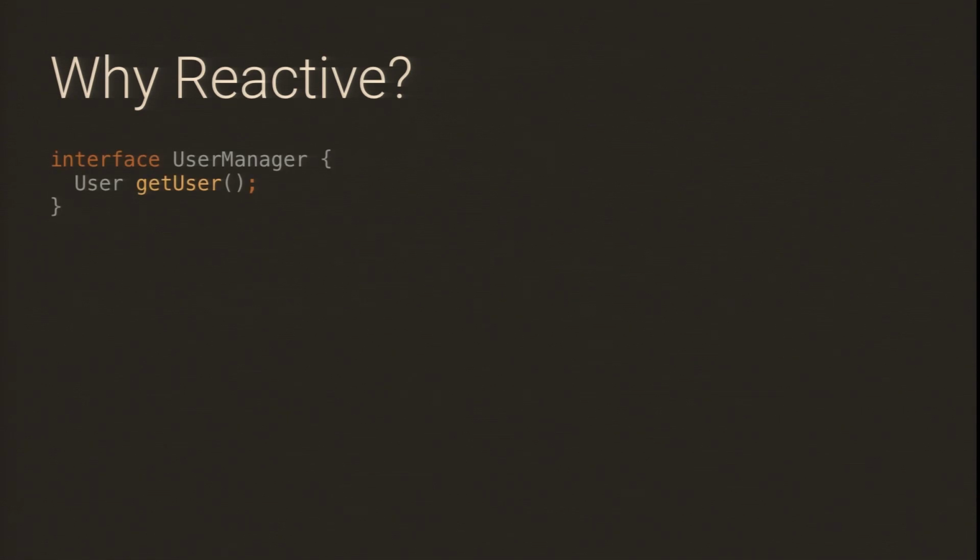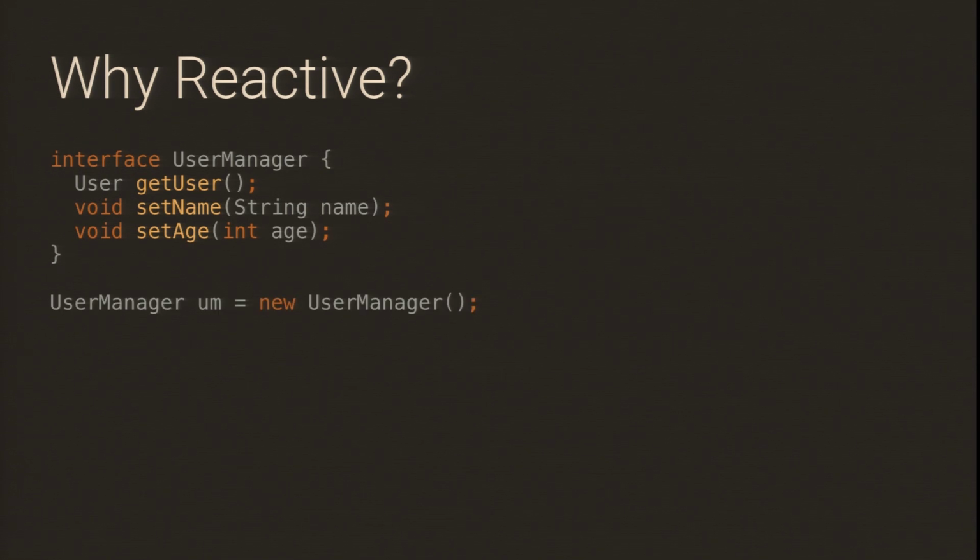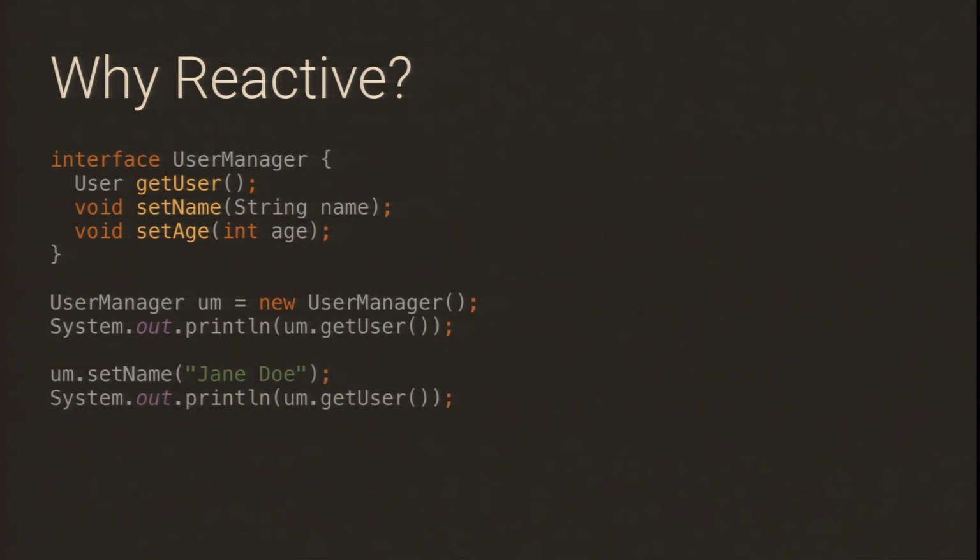And so I'm going to illustrate a little example here to kind of prove this out. So if we have some hypothetical type that's managing users and has mutators that allow us to change properties of that object, if this is fully synchronous, we can interact with it in the obvious synchronous ways, and everything is really easy and works as we expect.